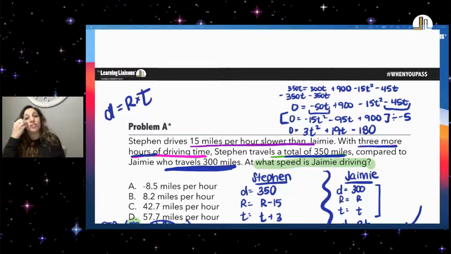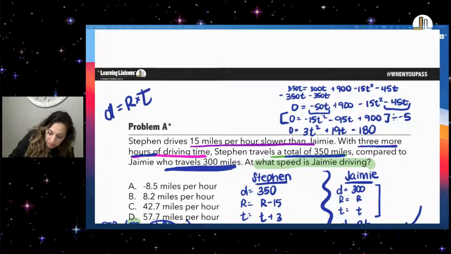What am I going to do now? Now I have to solve this quadratic and get the zeros. What does that even mean? I have to factor it or I have to use the quadratic formula. I'm going to use the quadratic formula. Negative b plus or minus the square root of b squared minus 4ac all over 2a.